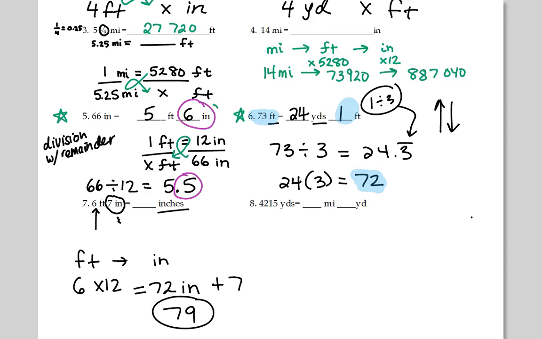Next one is challenging. Yards to mile. Yards to mile. Unit got bigger. Number gets smaller. What do I divide by yards to miles? 1760. That's just from your chart. 4215 dividing 1760.